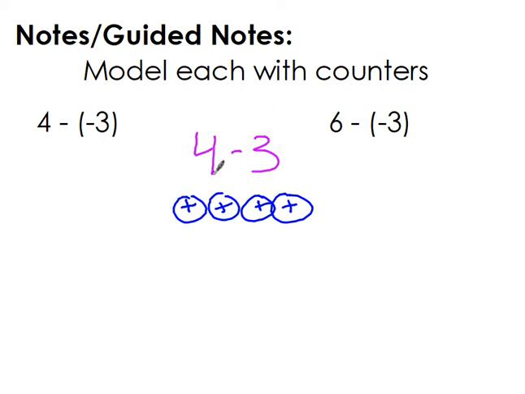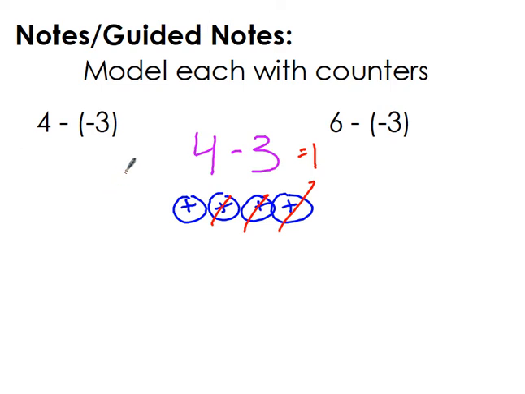Then we said subtraction means to take things away. So you had 4 plus signs, and we said, take away 3 of them. That's 1, 2, 3. I'm left with positive 1. So 4 minus 3 is 1. That's probably how you learned subtraction the very first time.